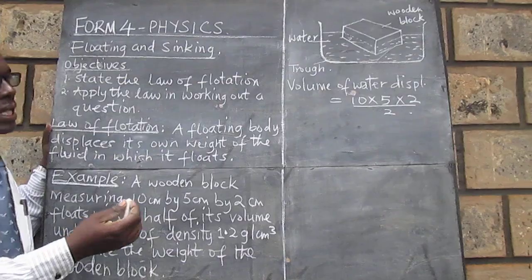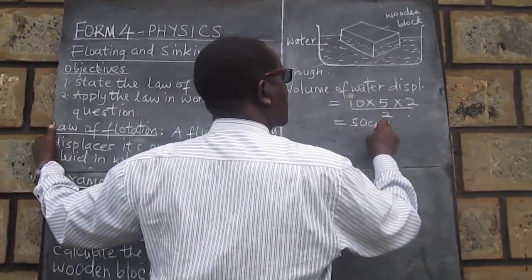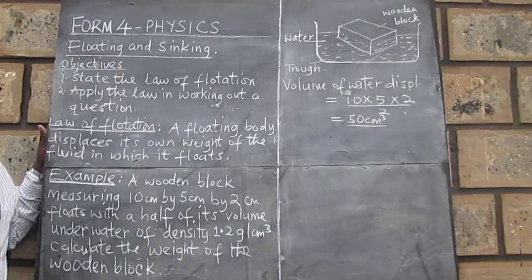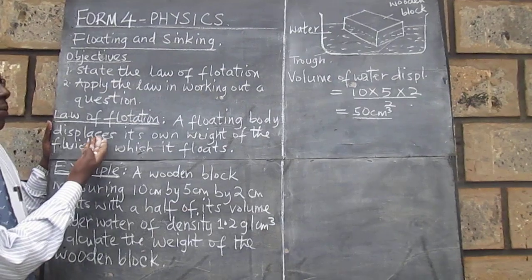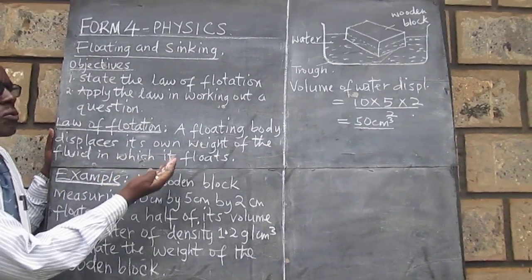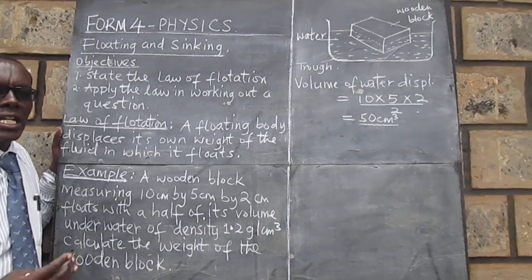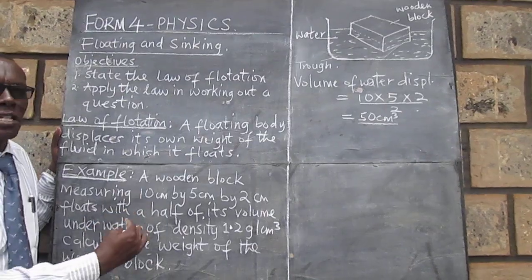We work out that and we get 50 cubic centimeters. Let's go back to the law of flotation. A floating body displaces its own weight of the fluid in which it floats. So we need now to get the mass of fluid displaced, the mass of the water displaced.